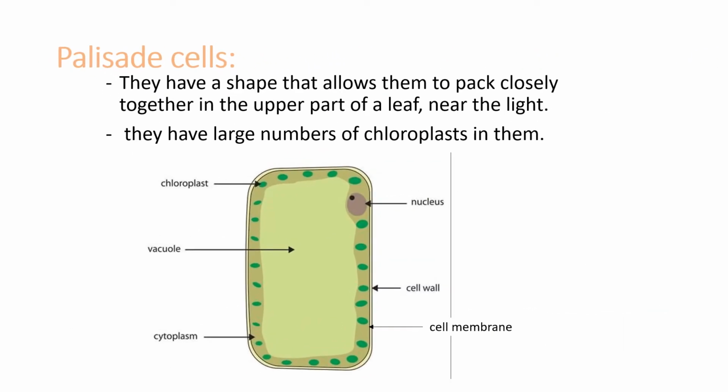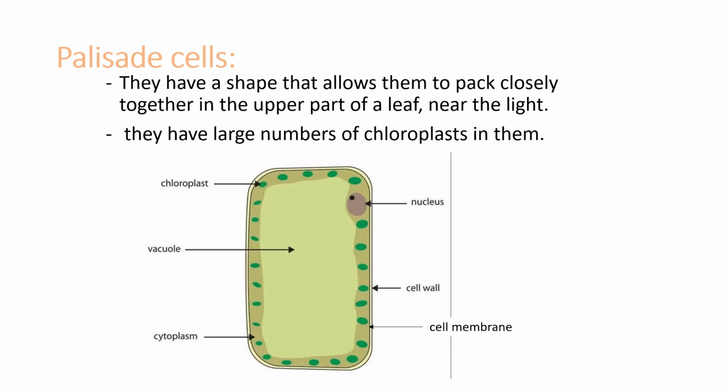Palisade cells. Palisade cells, grade 7, have a shape that allows them to pack closely together in the upper part of a leaf. So I find them in the upper part of the leaf, and their shape helps them to pack closely together. They are in the upper part of a leaf near the light.